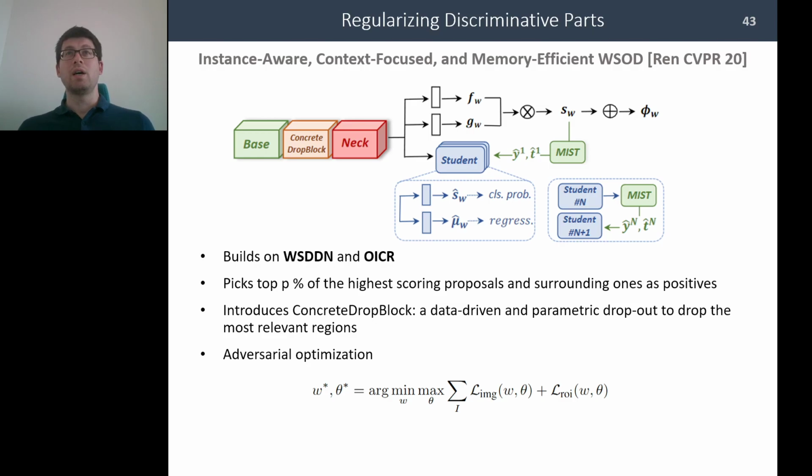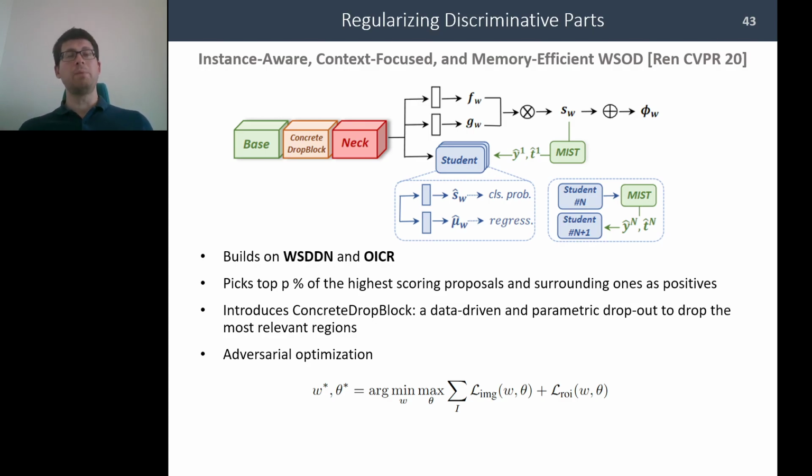Okay, so as a final work, I will talk about the state-of-the-art methods in weakly supervised object detection currently. It has multiple components, but I will specifically talk about one of them.